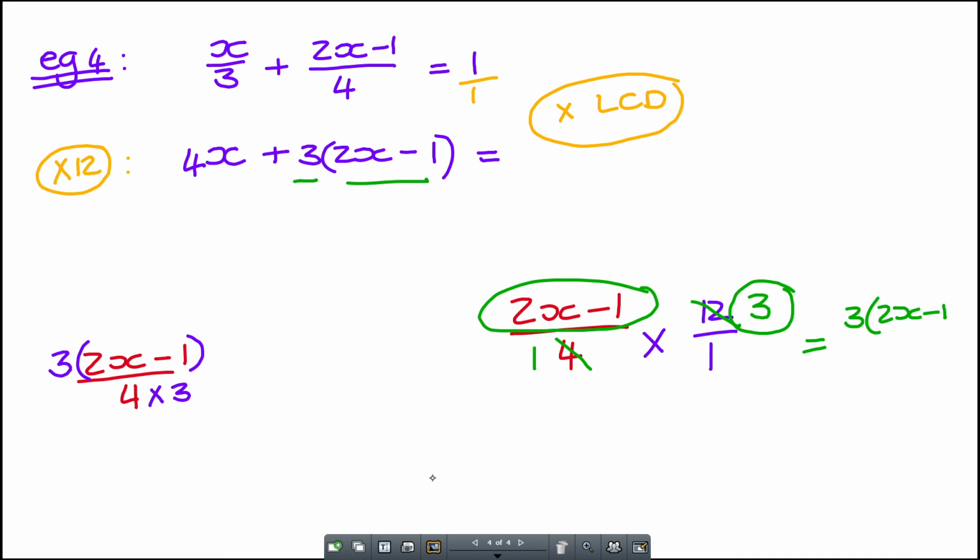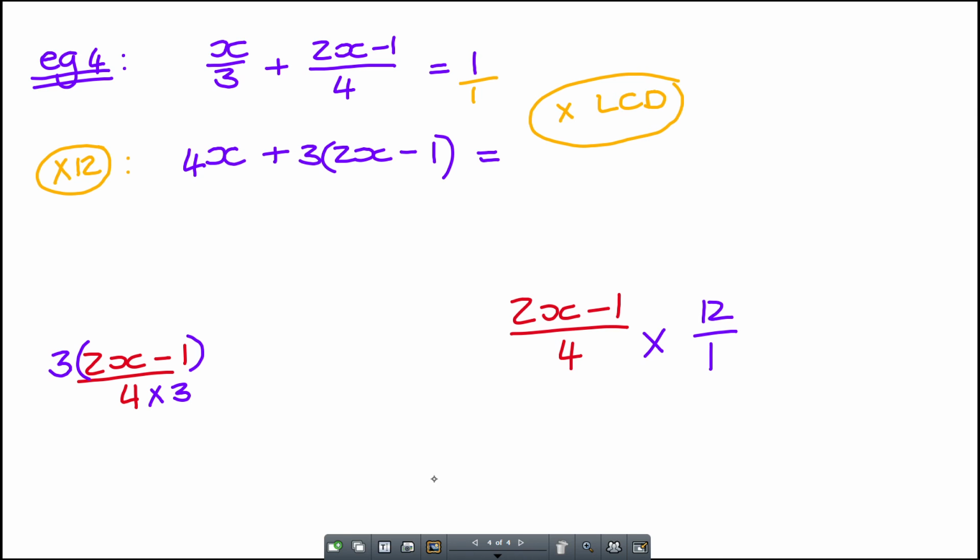All right, let's quickly run through again. Okay, so we've got to take that, 2x minus 1 over 4, and we multiply it with our lowest common denominator, 12 over 1. Okay. Now, this times 12, the 12 I got from all my denominators. That was my lowest common denominator.